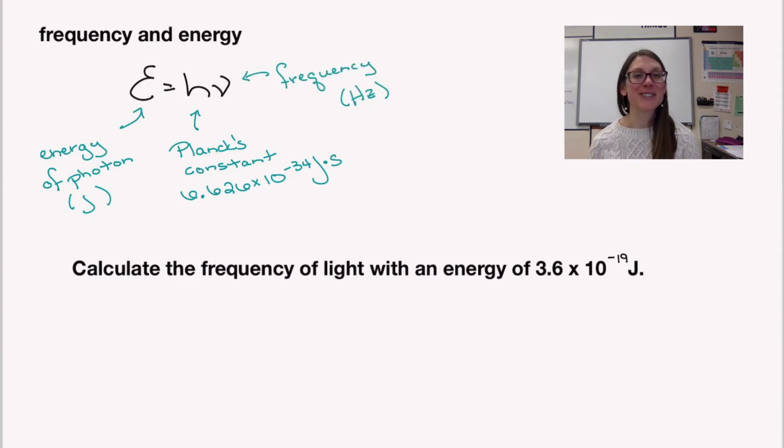This equation allows us to calculate the energy if we know the frequency, or the frequency if we know the energy. So my example down below says calculate the frequency of light with an energy of 3.6 times 10 to the negative 19th joules. We're going to take our equation, plug in the values that we know, and solve for the missing variable.